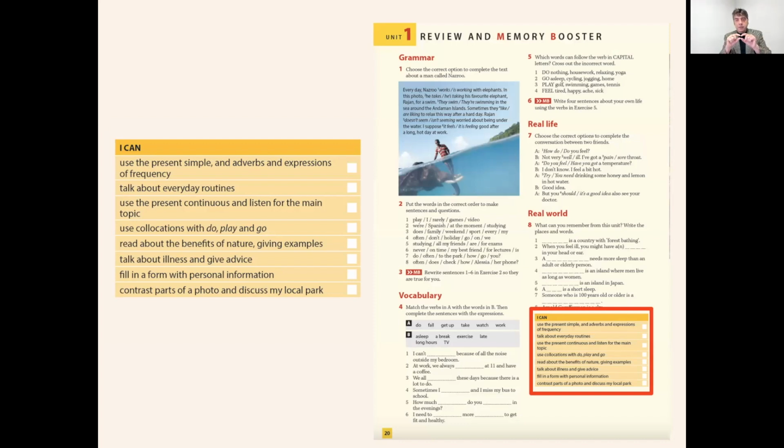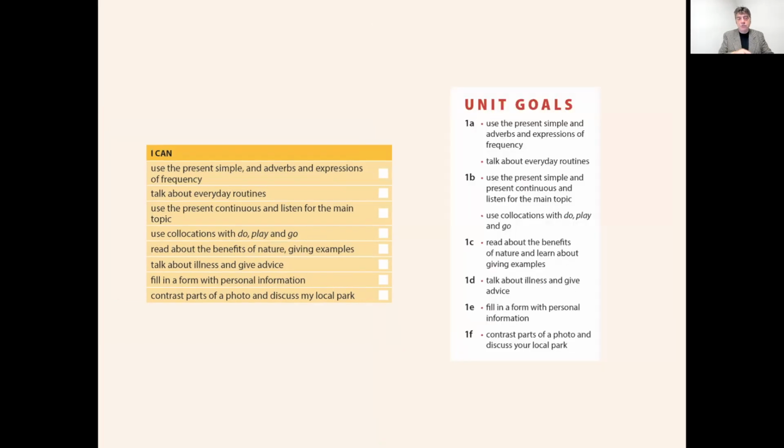It could be maybe the objectives just at the end of the worksheet, and students evaluate whether they can do them. But notice in this unit how the I can statements basically copy what the unit goals were that I showed you from the beginning of the unit. And in that way, we're recycling the goals and the objectives, and students are being reminded of what the purpose and the aim of the material was.